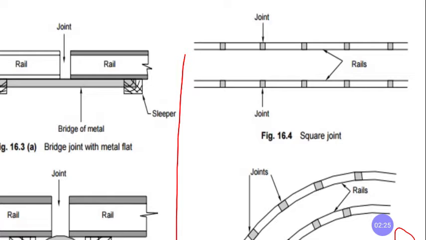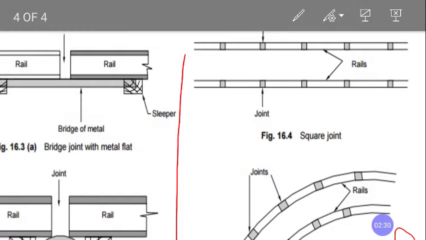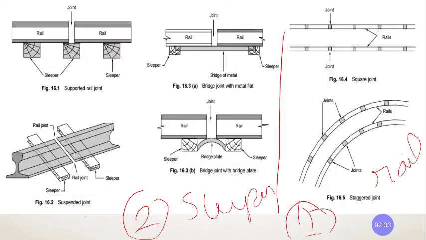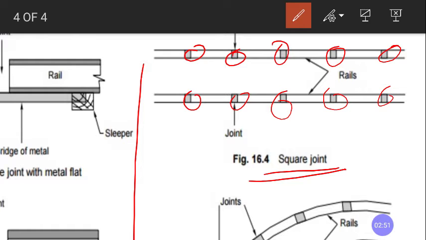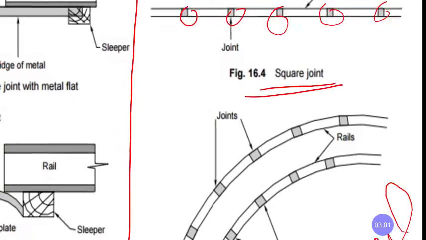Can you see these joints? These joints are exactly opposite to each other on both sides, right? Here you can see the joints are exactly opposite to each other, so that type of joint is called a square joint. It is called a square joint whenever the joints on both the adjacent rails are exactly opposite to each other.